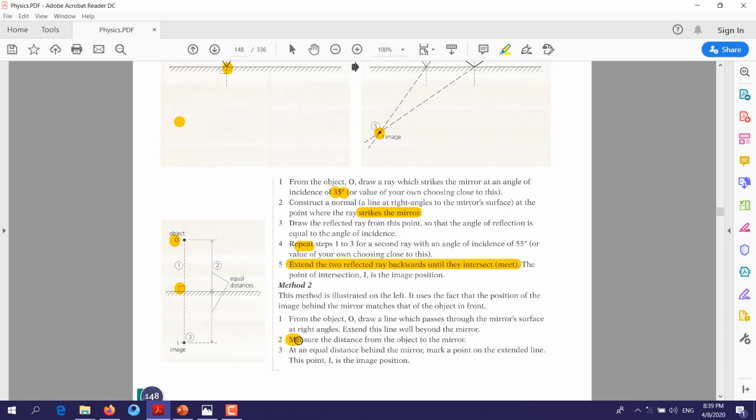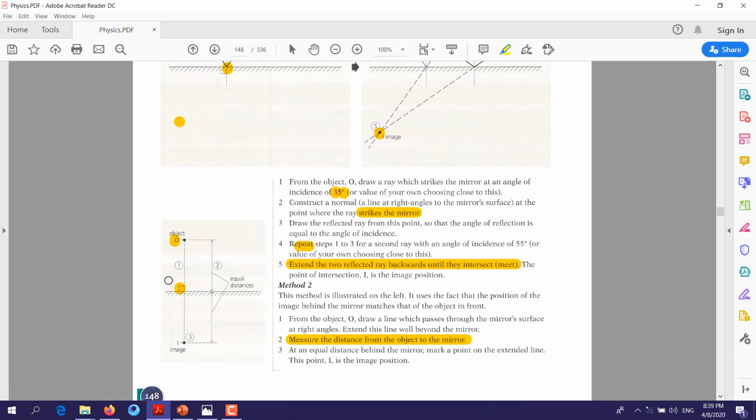Step number 2, measure the distance from the object to the mirror. Now you will bring a ruler and measure the distance from this point to this point. The rule says the distance from object to the mirror is the same as the distance from mirror to the image.